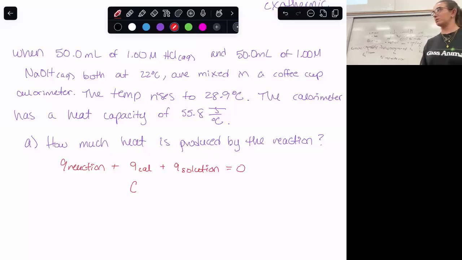Yep, we had big C, right? C cal times delta T. And then what is Q solution? Yep, this would be MC delta T.